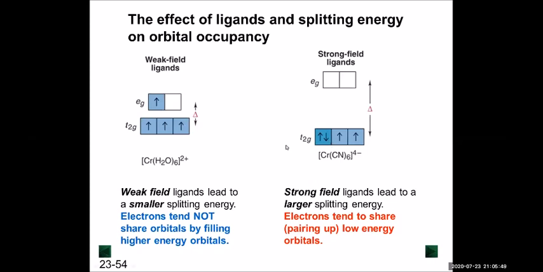So in the octahedral metal complex, the ligand will interact with the 5 d orbitals differently. There'll be 2 orbitals that have strong repulsion with the ligands.